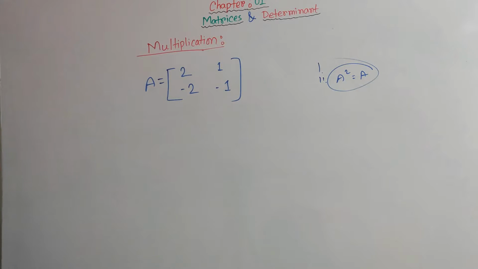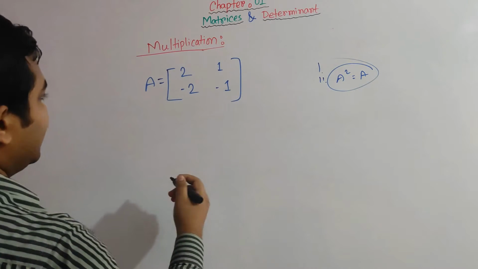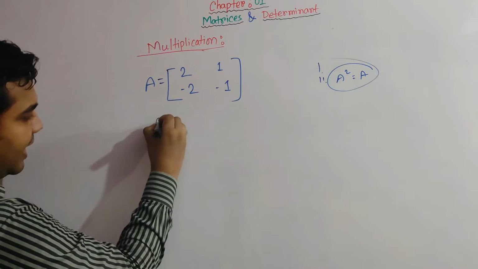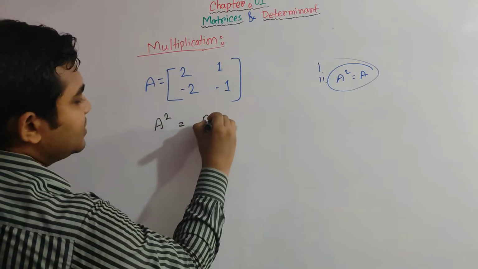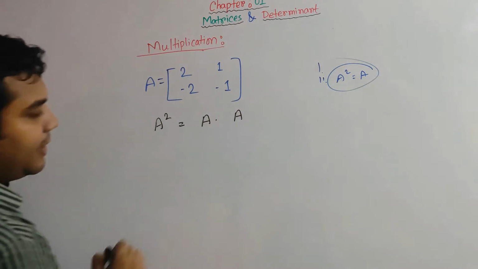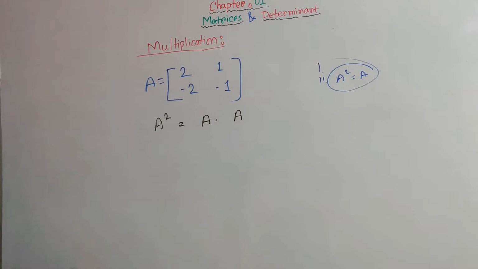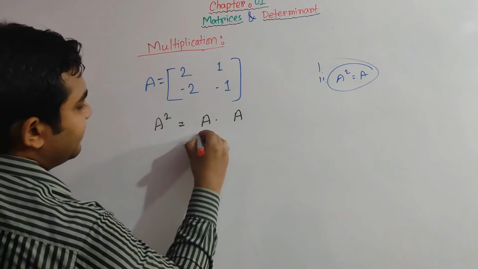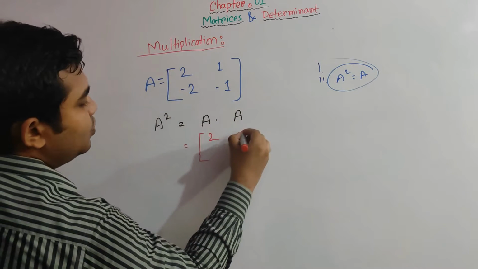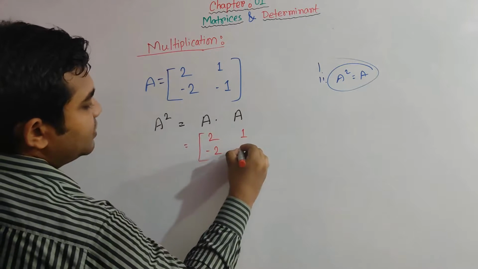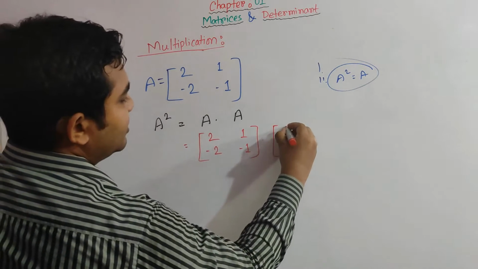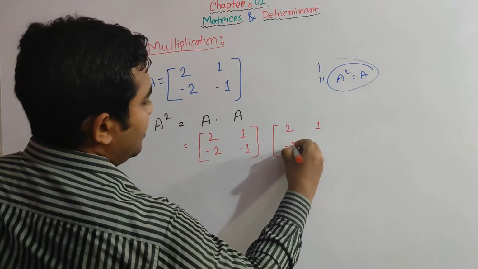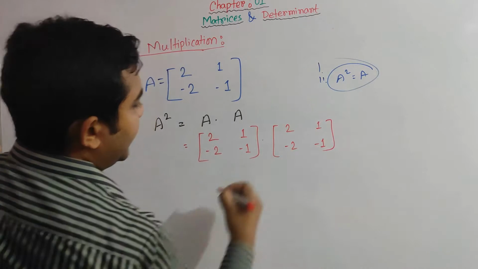Okay, now move on to our lecture. Here we have to find a square. What is a square? A square means a into a. Now my question is, what is a? A is 2 1 minus 2 minus 1, and a is also the same 2 1 minus 2 minus 1.